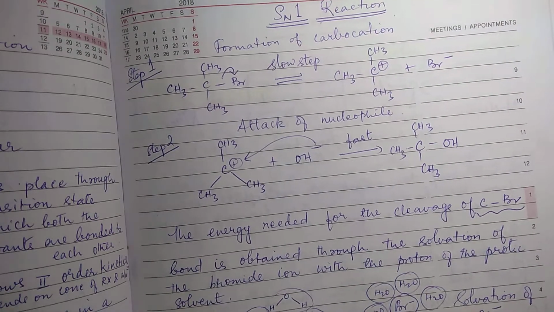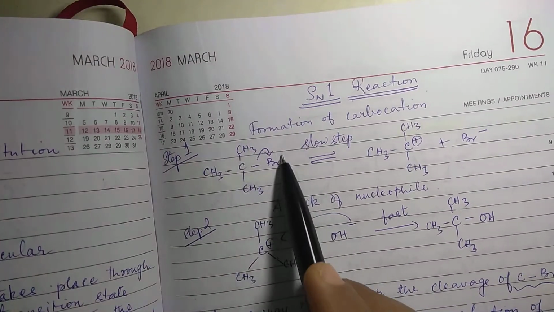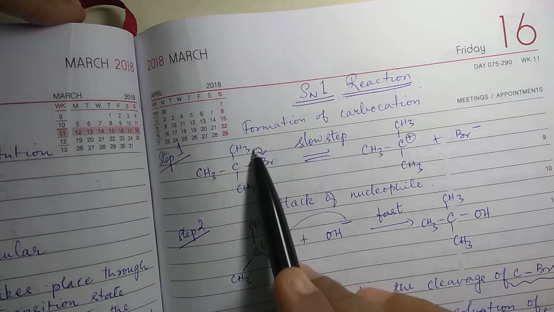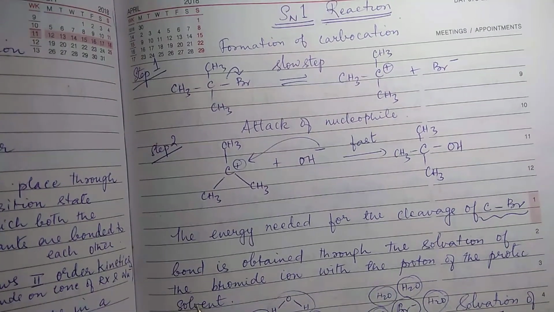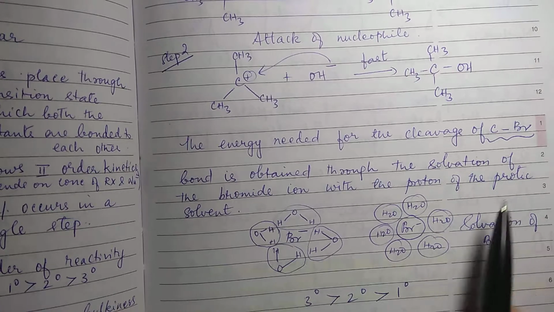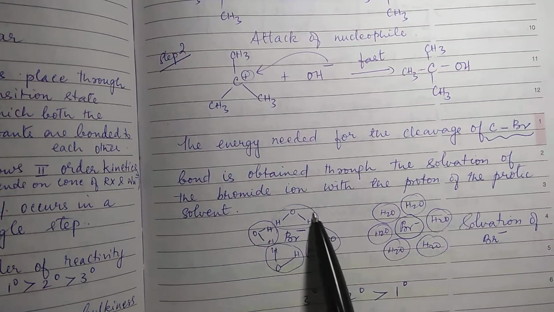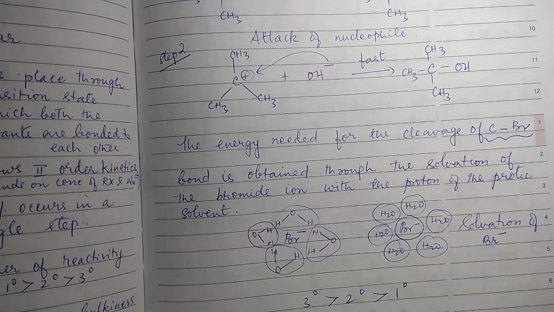So the energy needed for the cleavage of the C-Br bond, this bond has to be cleaved, is it not? This energy to break this bond is obtained through solvation of the bromide ion with the proton of the protic solvent, right? The Br minus is surrounded by the polar protic solvent. If it is surrounded by water, this is what is called solvation.